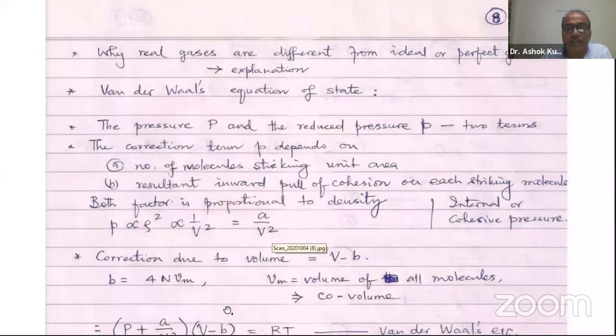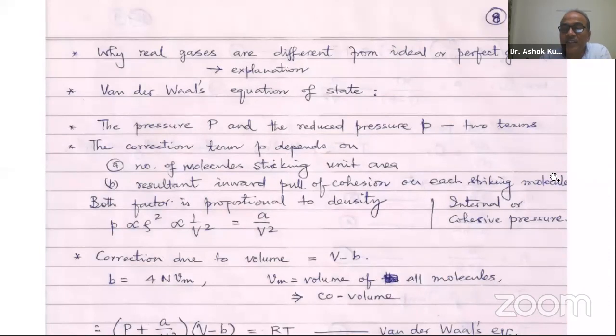Now come to correction due to volume. What is correction due to volume? We have assumed that the volume of the molecule is negligible. But it is negligible only when the volume of the gas is, suppose, 50 liter.